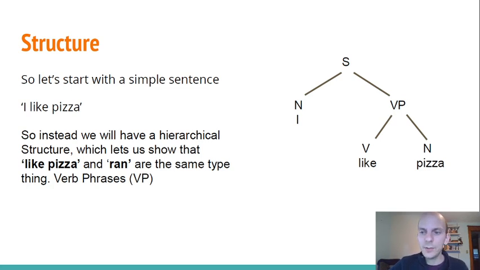Where we would just get rid of this second noun right here, and we would just write ran right here. I ran, I like pizza. And this shows us this VP level of structure in which like pizza and ran are intersubstitutable. That's what we get from this hierarchical structure. That's some of our proof. And we'll be seeing that over and over. Are these things sort of intersubstitutable?